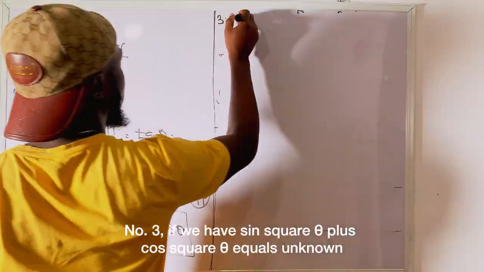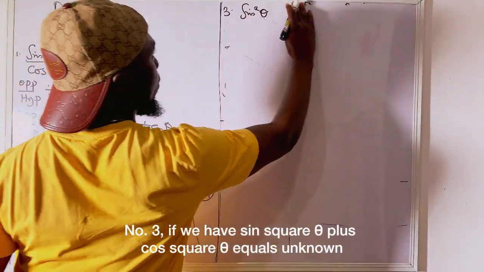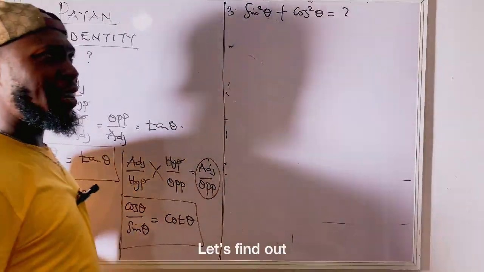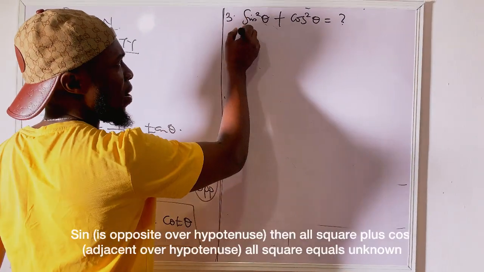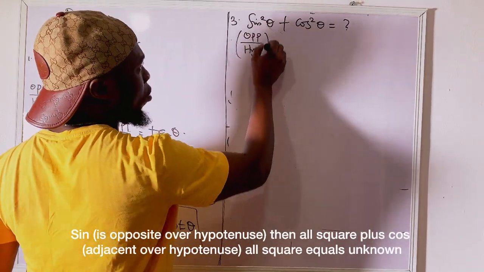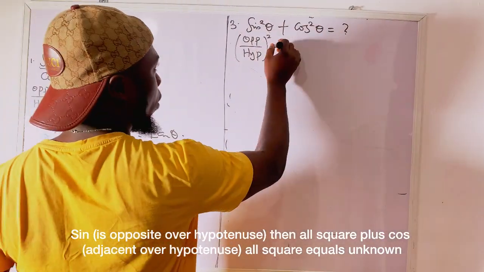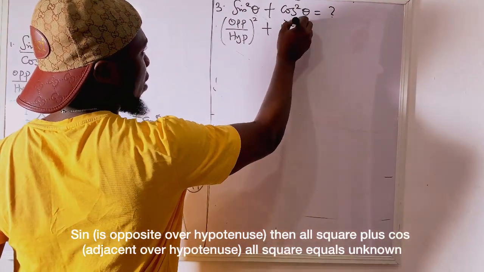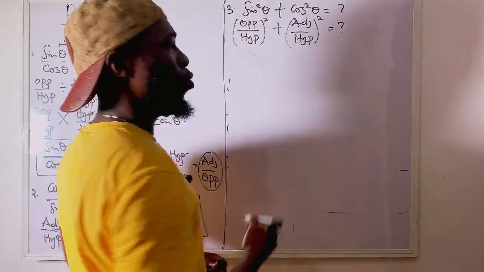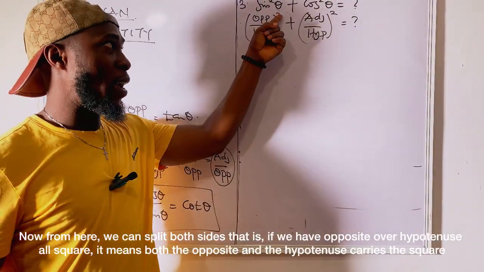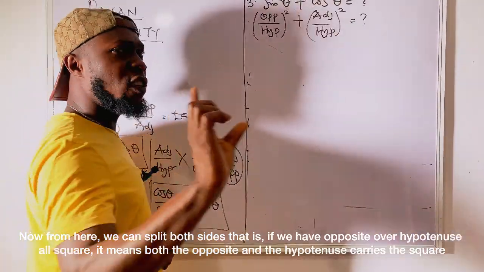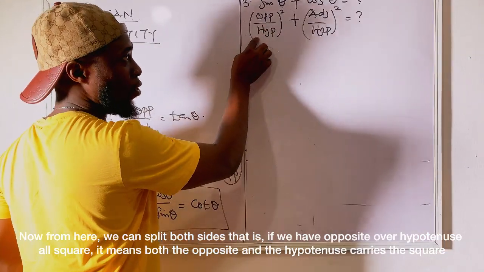Number three, if you have sine square theta plus cos square theta equals unknown. Let's find out. Sine is opposite over hypotenuse, all squared, plus cos, which is adjacent over hypotenuse, all squared. You can split this, since both the opposite and the hypotenuse own the square.